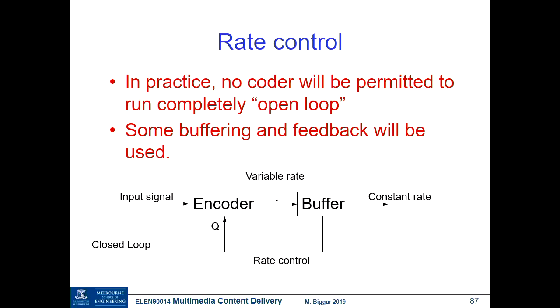And as the buffer contents vary, if it's not getting close to overfilling or close to emptying, then we might allow the quantizer to stay more or less fixed. But to make sure that we don't have a situation where the buffer overflows or underflows, we might control the behaviour of the encoder using this quantizer.